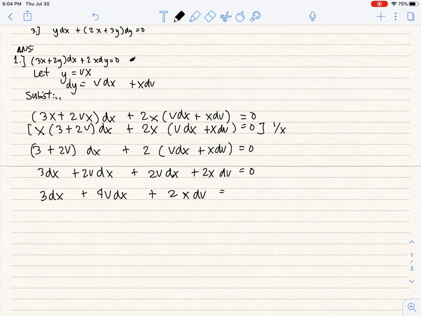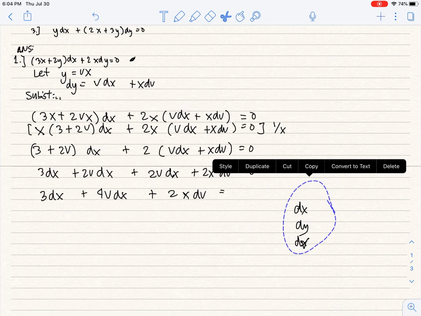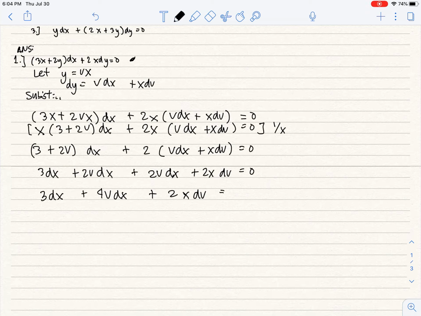factor out na pud ang common na differentials. So differentials, di ba, mga dx, dy, dv or dv, di ba? So ito ang pang factor out ang differentials. So the same man sila og differential dx ug dx. Ito na i-factor out.